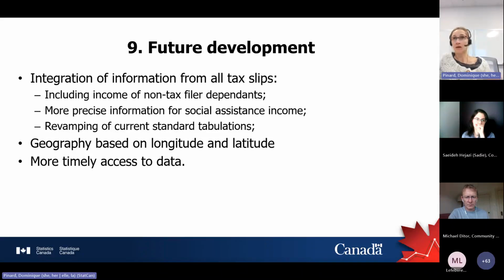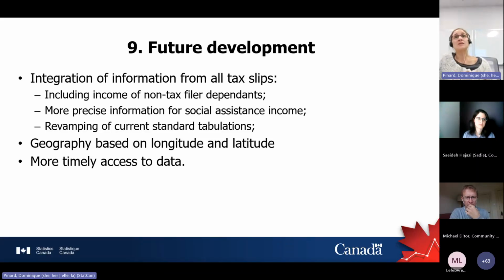There's definitely a model that can be used there to improve what the TIF is, which means including more information about non-tax filer dependents, more precise information for social assistance income by using the slip that's associated to that, revamping some of the current standard tabulation to make it a little more modern and accessible, and using geography that's a little more precise than the postal code, so based on longitude and latitude. That's being developed currently, and eventually we'll get there.